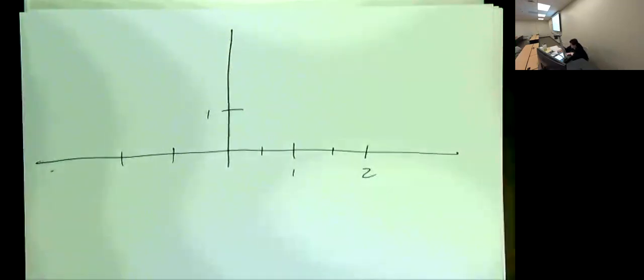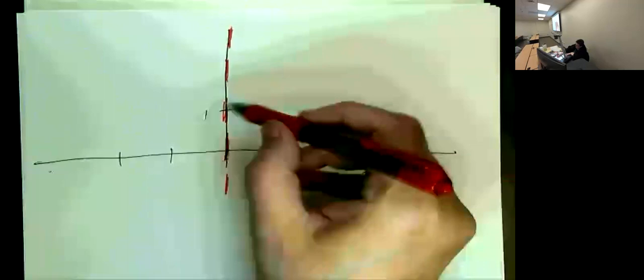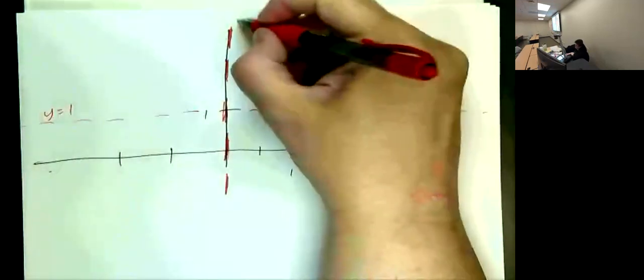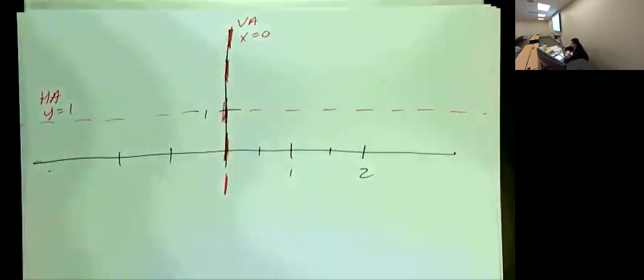So where were our, let's see, we have a vertical asymptote at x equals 0. And we have a horizontal asymptote at y equals 1. Horizontal asymptotes can be crossed near the middle of the graph, just at infinity they don't get crossed.